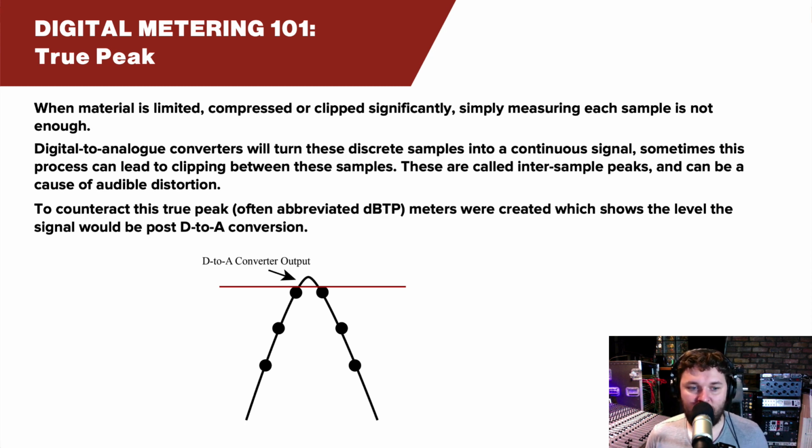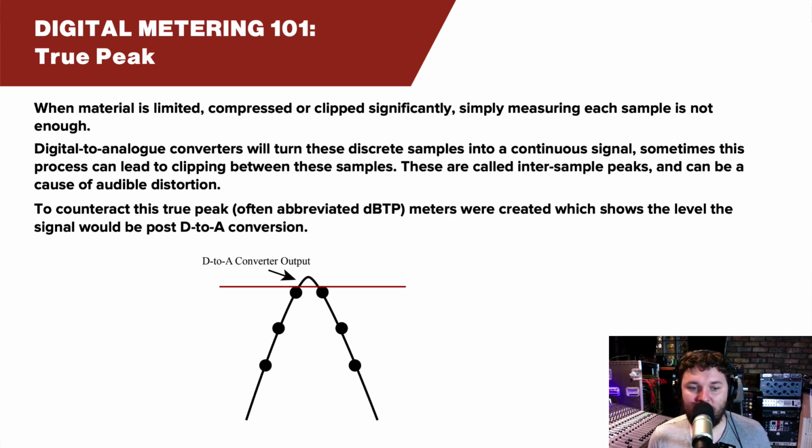If we look at this diagram here, we can see that the red line indicates the maximum level, 0 dBFS. And we can see that all of the samples, which are the black circles, aren't actually exceeding that level. However, when the digital to analog converter makes that back into an analog signal, it's interpolating it, which means it's trying to make the smoothest representation between each of these samples.